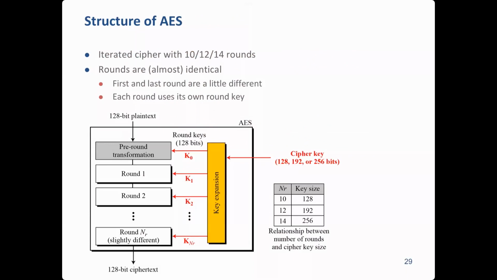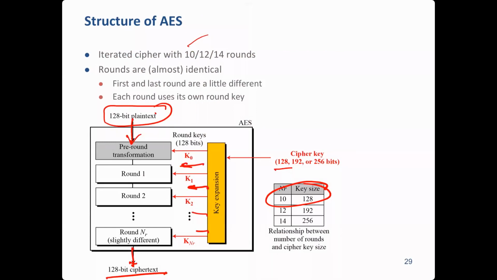If it's 10 rounds, let's assume we are choosing the key size of 128 and we have 10 rounds, then we can see the input is 128-bit plain text, the output is 128-bit ciphertext, the key is 128 bits, and from that we generate subkeys.